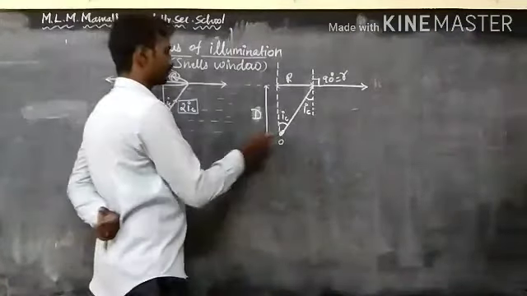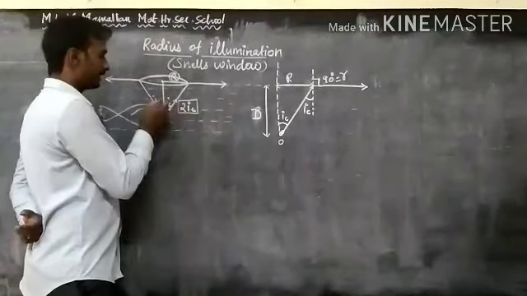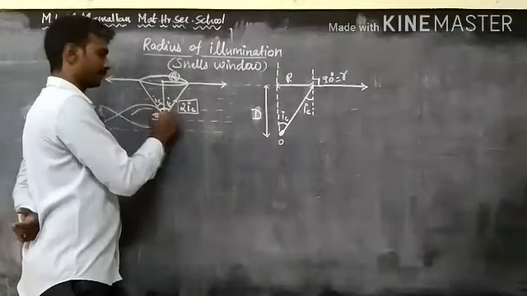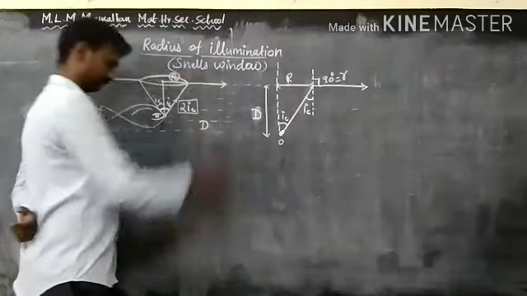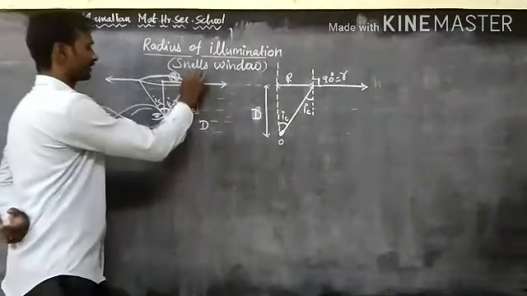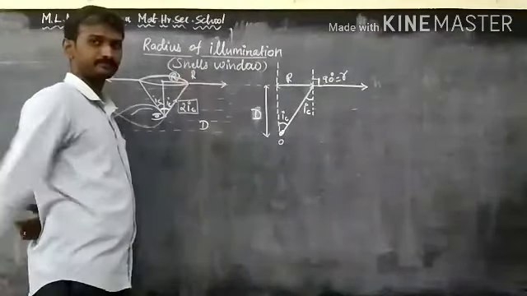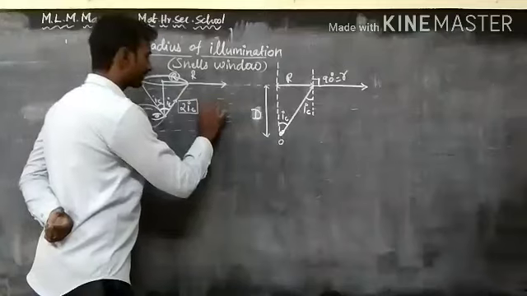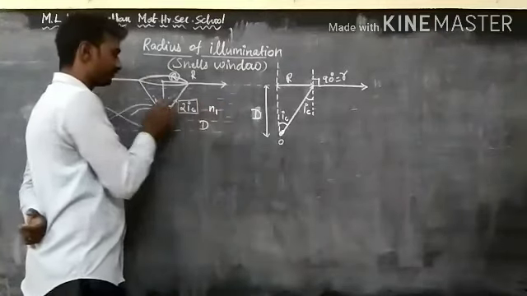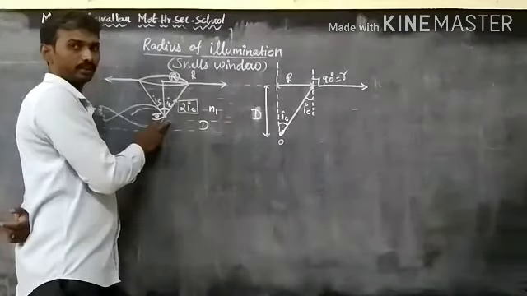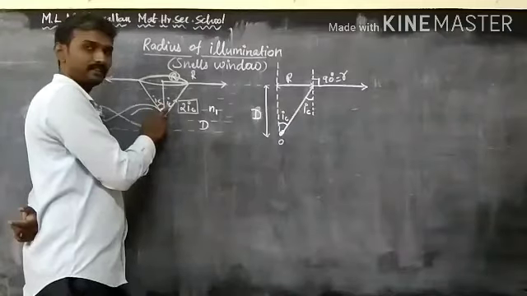You know very well about this. Here the angle of incidence IC is in a water medium, so it is taken as the denser medium. And this is a rarer medium. I am going to take the first medium as water, because the angle of incidence is inside the water medium.